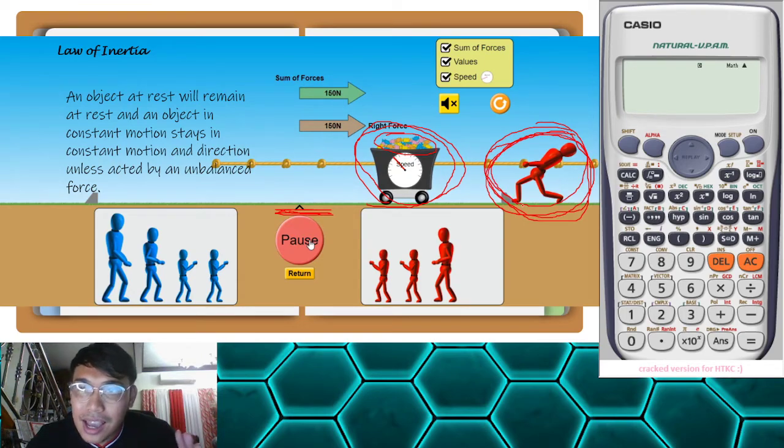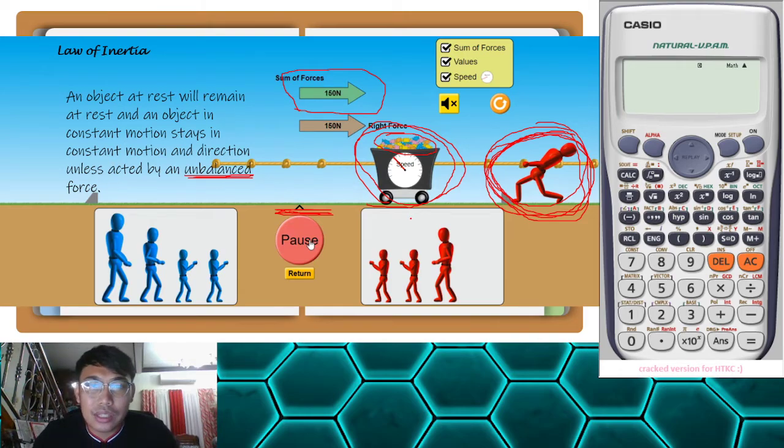This guy is pulling the resting object, but as you can see, there is a force applied here, and we can call this guy the unbalanced force. So why is it unbalanced?